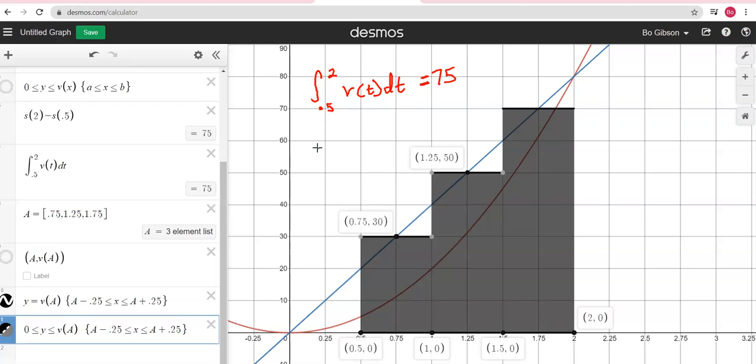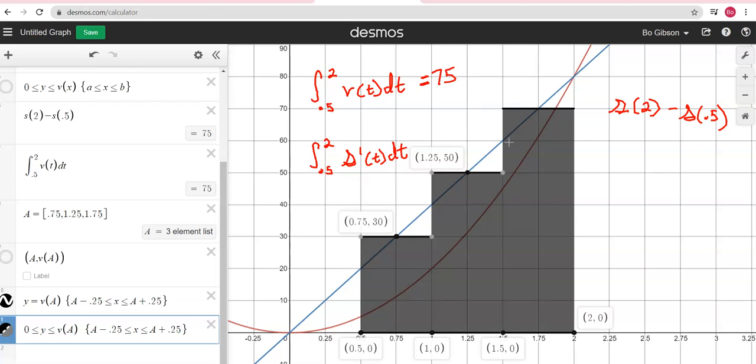Or another way to say that is I was taking the definite integral of the derivative of my displacement function. And remember, I was trying to answer the question, what was my difference in position from s of 2 to s of 0.5?